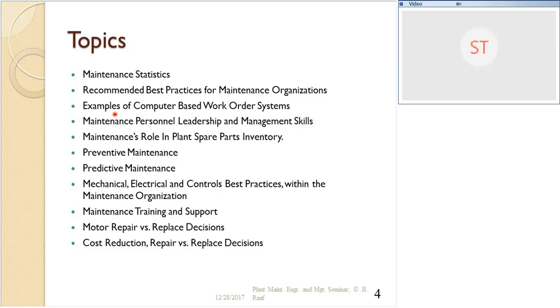The contemporary method for managing work orders and maintenance work is computer based. And you'll see there's a lot more to it that goes far beyond just managing work orders and adds a lot of value, provided it's utilized and applied properly.